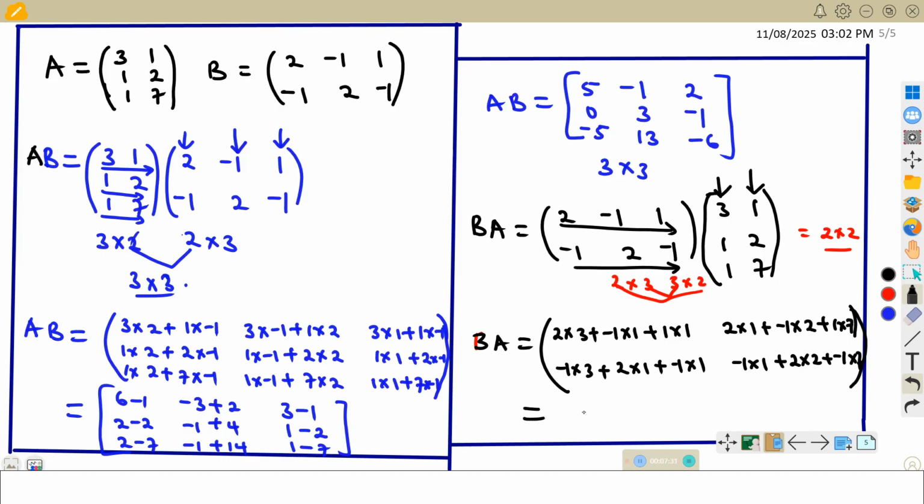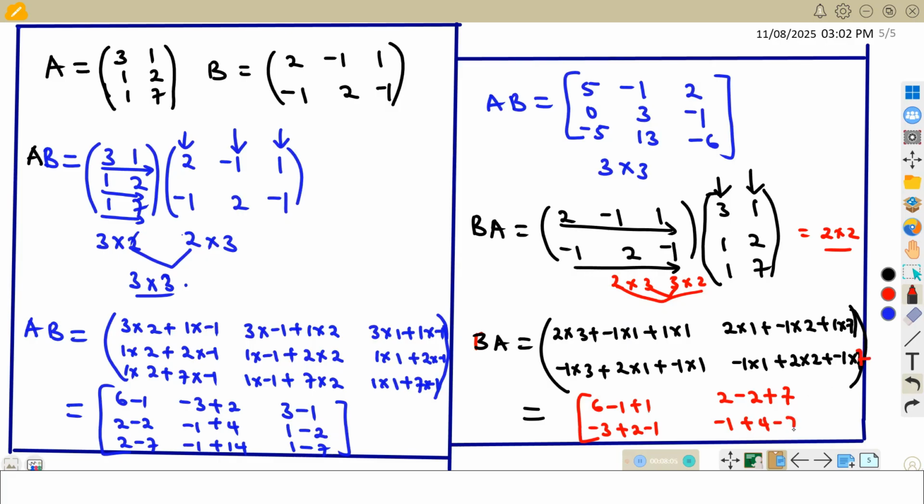So this should give us 6 minus 1 plus 1. This will be 2 minus 2 plus 7. This will be minus 3 plus 2 minus 1. This will give us negative 1 plus 4 minus 7.